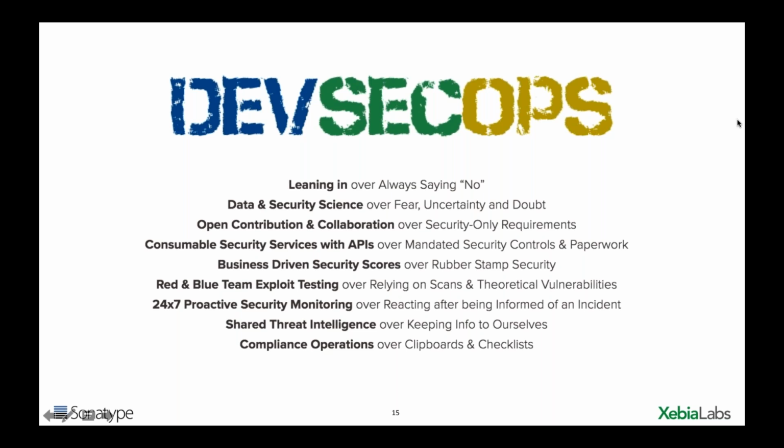DevSecOps.org contains some very good information about how to start introducing security better into your development pipeline. One of the nicest things there is that it's coined by someone called Shannon Leeds, who regularly does these conversations. And they've come up with a DevSecOps manifesto.